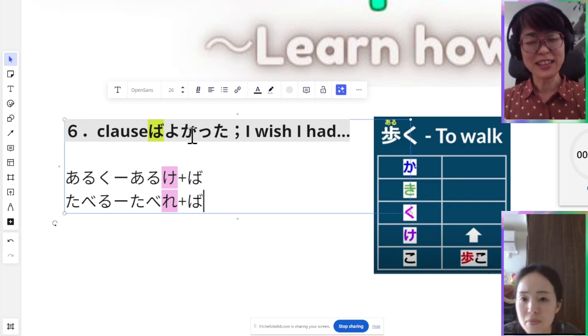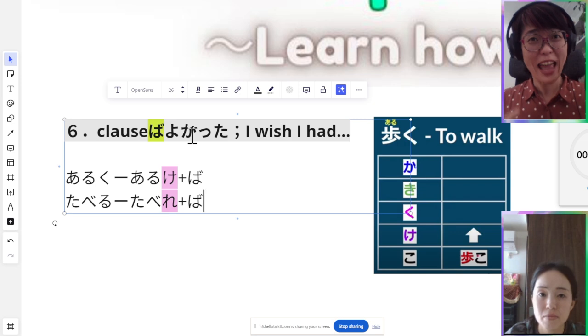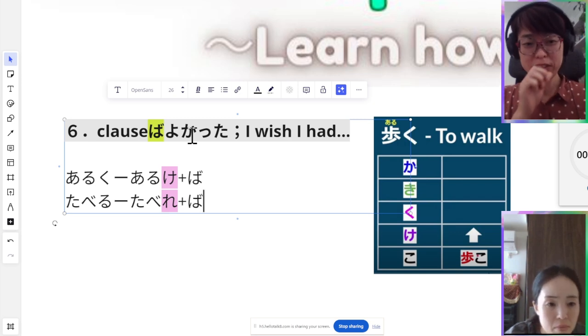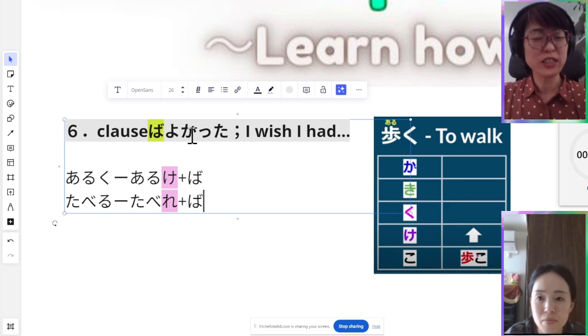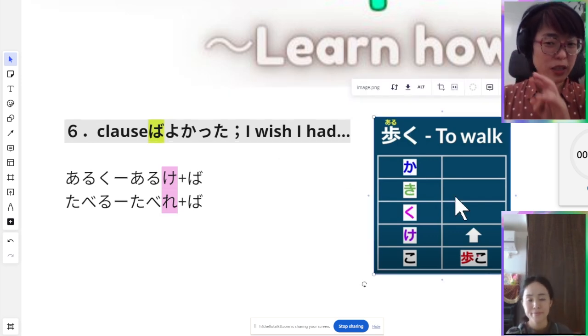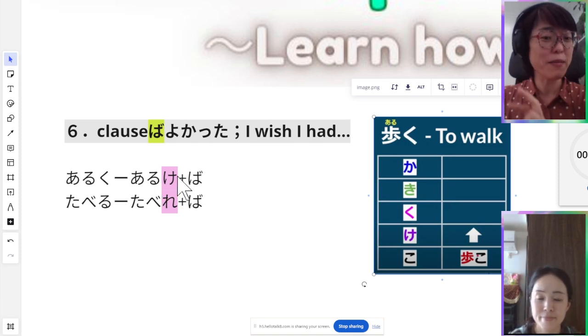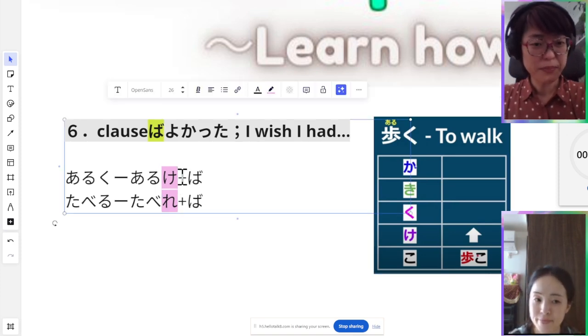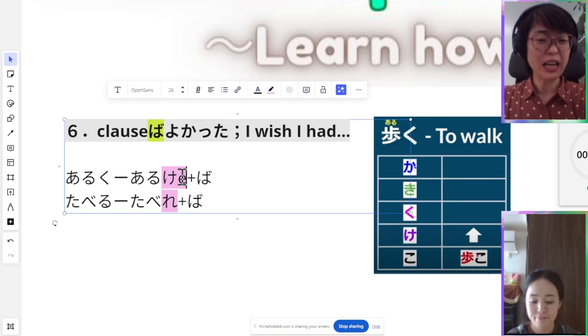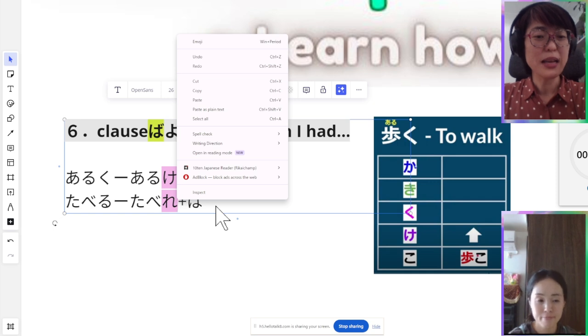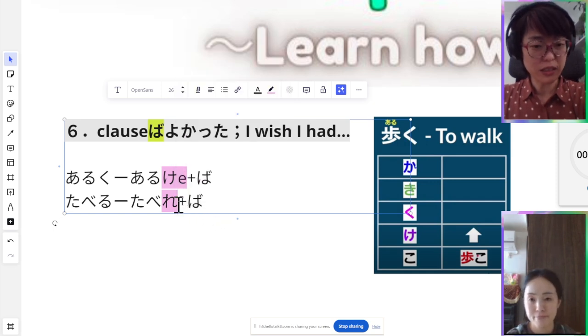I understand Andy's angry point, because the explanation is really insufficient in this chapter, I think. So what you have to do is make the verb into this ba form. So here, 歩けばよかった. Here, 食べればよかった.